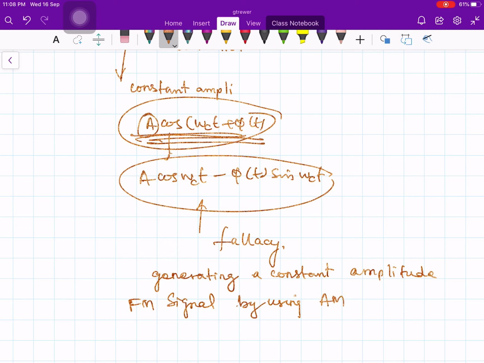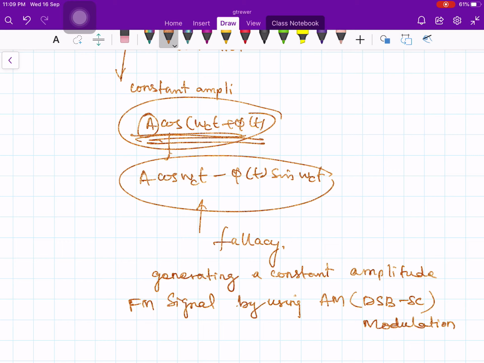That is a beauty. That is the DSB-SC modulator. That means we are not generating an amplitude modulated signal, but indirectly we are generating the frequency modulation using an amplitude modulator. So we are not generating wideband FM, but we are generating narrowband FM by using this condition where phi of t is much less than 1.